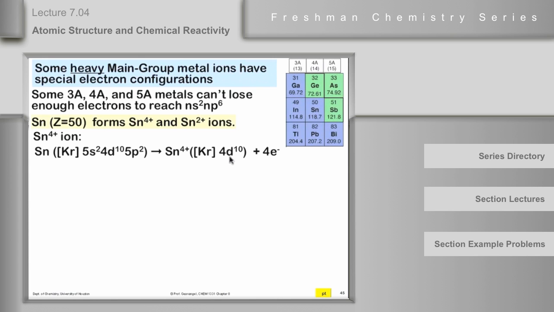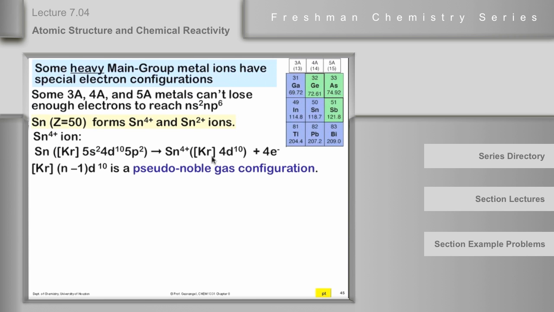Now this is a special kind of electron configuration that is stable for elements in this region of the periodic table. Krypton has 4s2, 4p6. So 4s2, 4p6, 4d10, that's a filled n equals 4 shell.